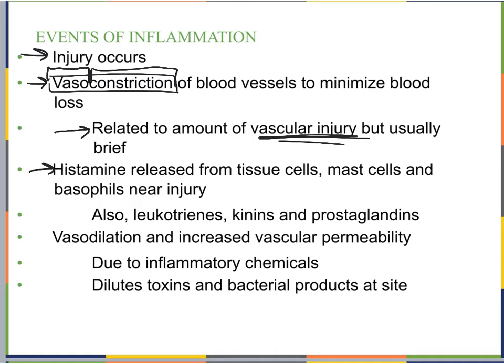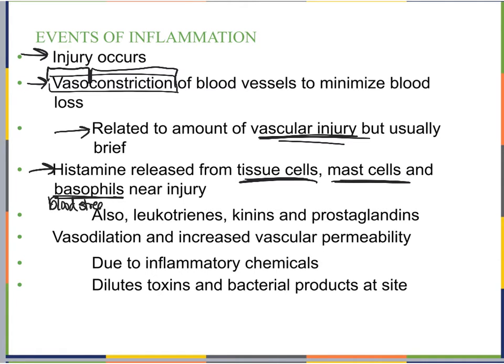At this time, we have histamine being released from the tissue cells. So those cells that have been destroyed are going to be releasing histamine. And then also from the mast cells, remember those are kind of hanging out in areas that are near the exterior. And then basophils. Any basophils that we have near the injury, remember basophils are actually in the bloodstream.